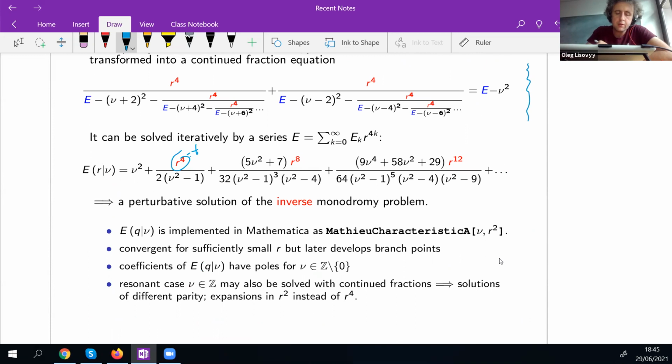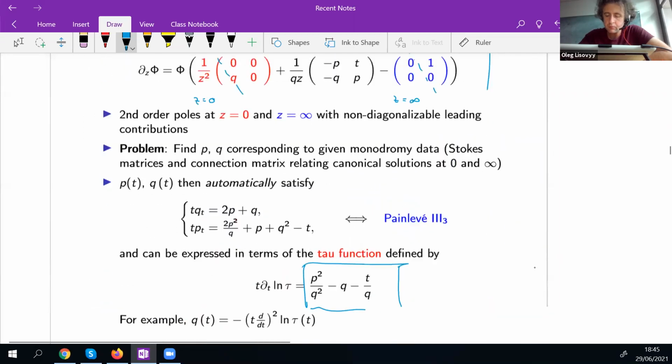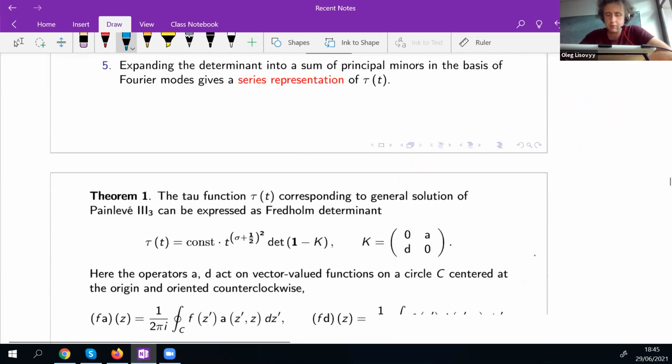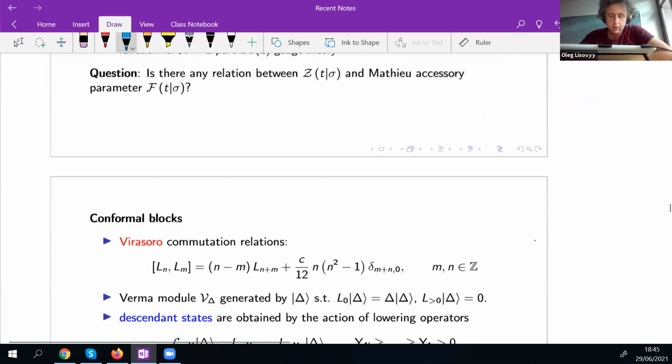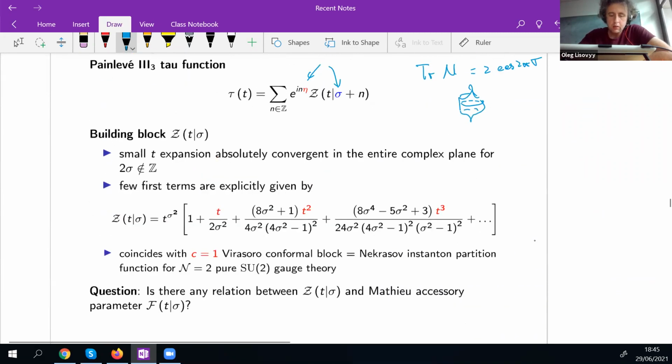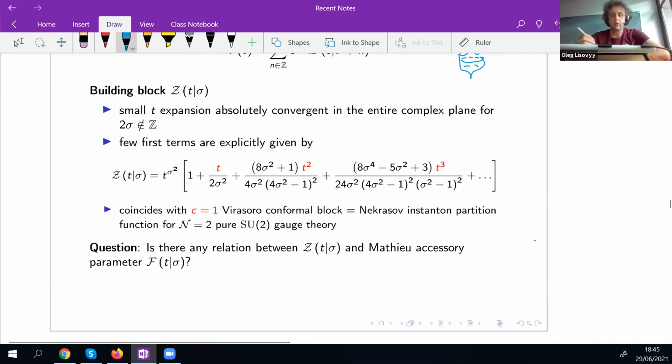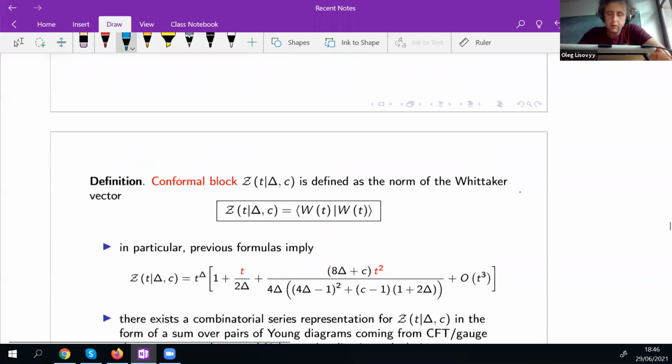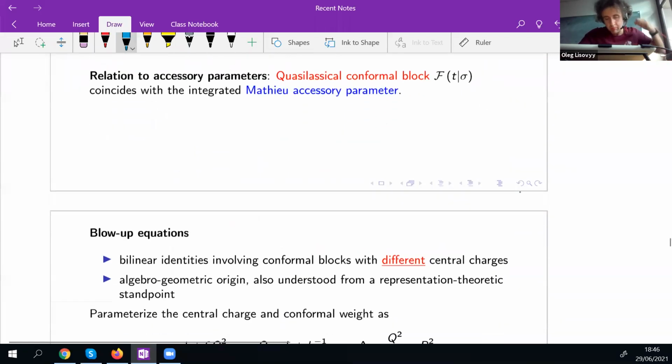Again, we have the coefficients of the series which have poles at resonant monodromy. So it might be natural to ask, well, the notation already suggested, is there any relation between the conformal block Z and the integrated Mathieu accessory parameter F? This is what I'm going to explain next. I think I have to skip the conformal block part.